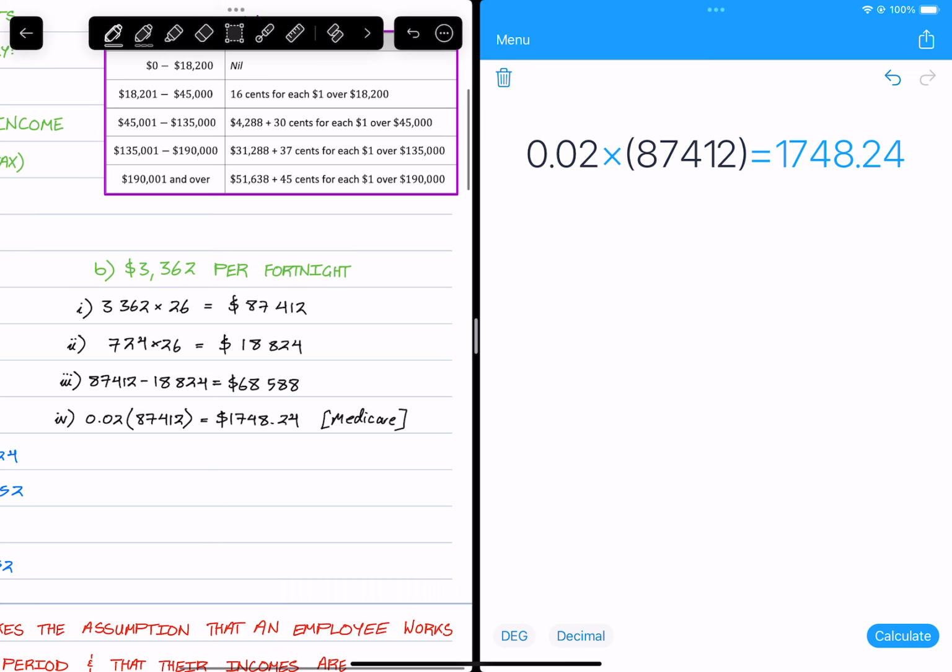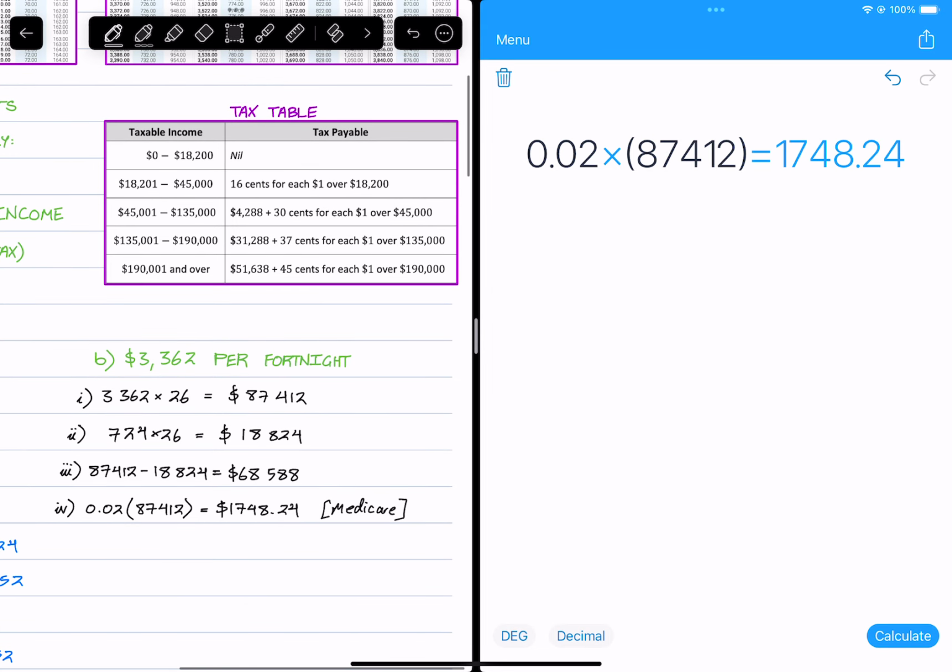And then we do the income tax on the gross income once again. So we now take a look at this amount and compare it to the row that it belongs in the income tax table. You can see it's this one here. And we've done this before, and we're just going to follow what it says in the tax payable here.